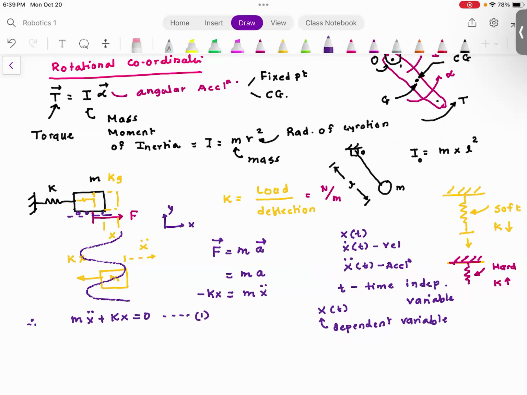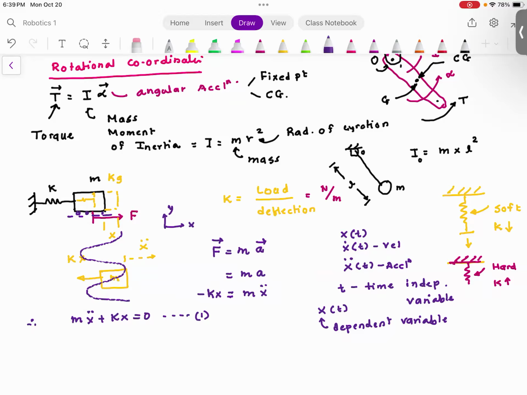Now what it means is, I need to find out this function x of t. How I find it is up to me. Please understand, this function depends upon time. When I substitute x of t here, take the second derivative of x of t to get x double dot of t, and substitute it over here, if my sum total is equal to 0, that is the solution of the differential equation.